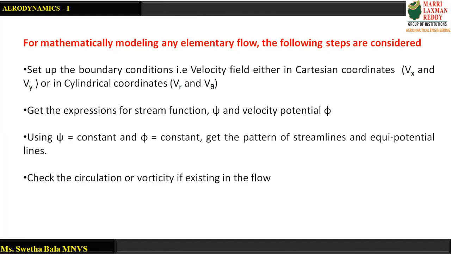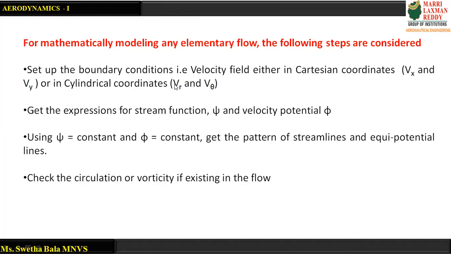So what we are going to do here is bring the parameters which define the type of a flow into equation form, so that we can analyze the flow after combining the flows. For mathematically modeling the elementary flows, we first set up the boundary condition, that is the velocity in either Cartesian or cylindrical coordinates.